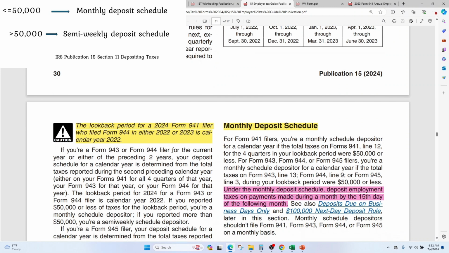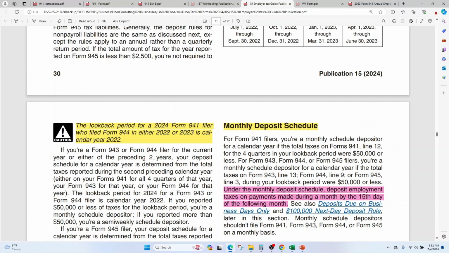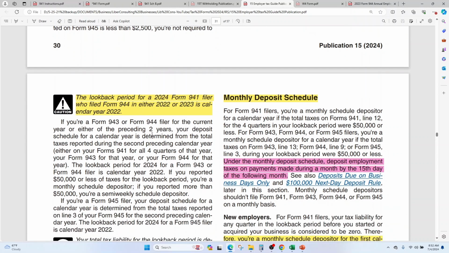And that is for a Form 941 filer that filed Form 944 in the past. But what will be your deposit schedule if you are a Form 944 filer for the current year and/or for the preceding 2 years?